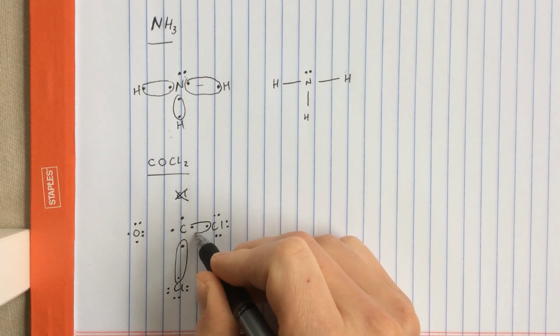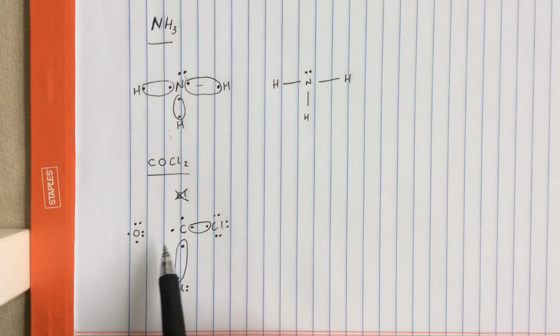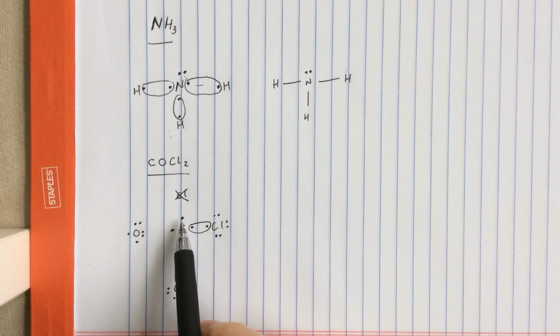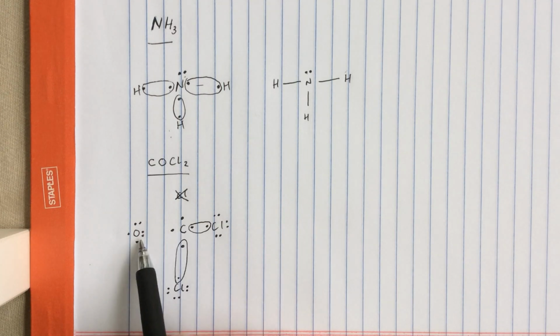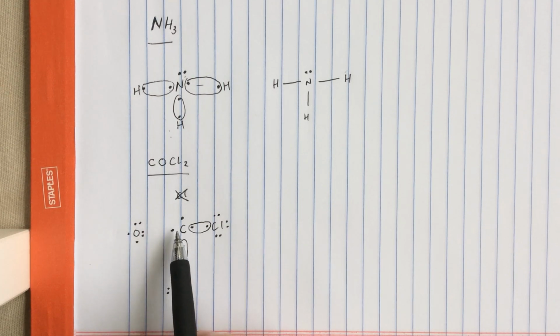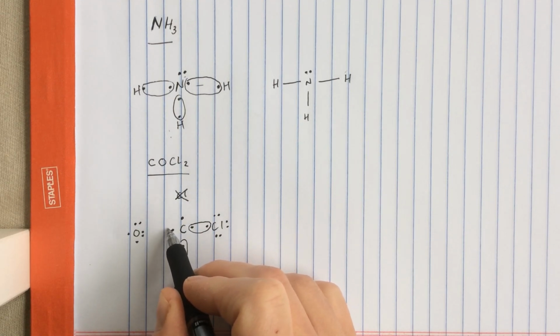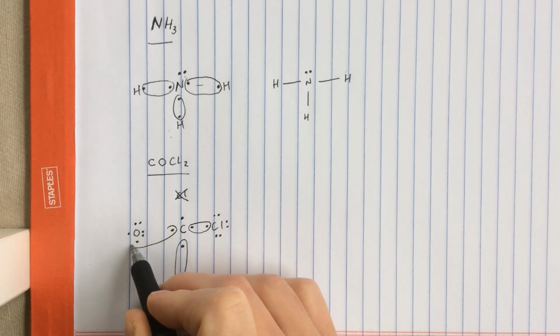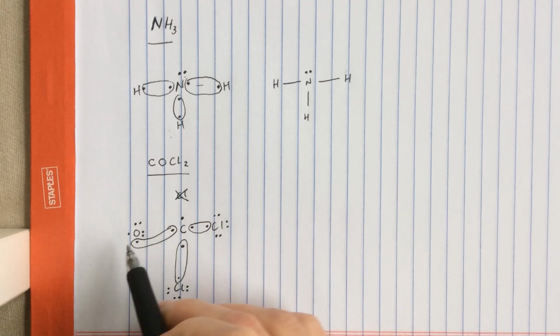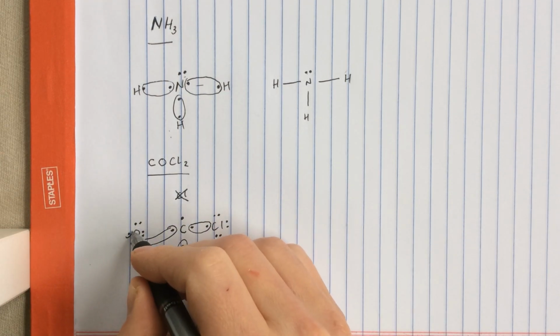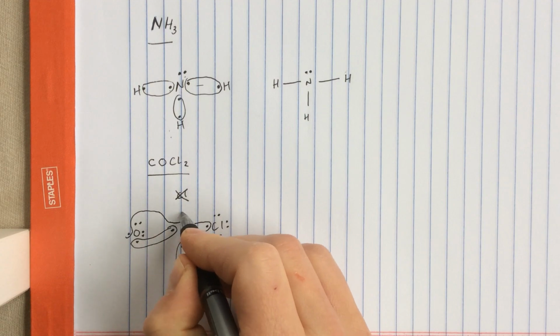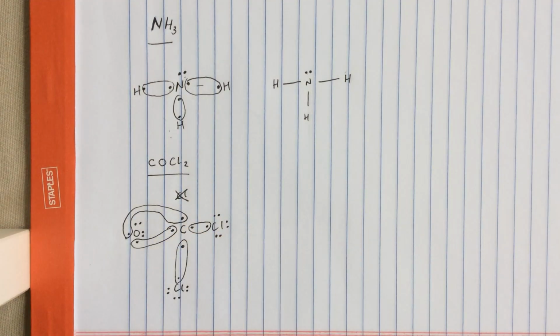You got a pair here. And again, notice you got a pair here that can pair up and a pair here. You're never going to end up with single electrons in any of these. So these can pair up. And then there's still these 2. So there's another one that can pair up.